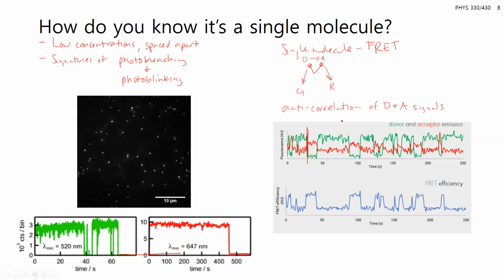So since the signals in the green and red channels should depend on one another, you know you're detecting a single molecule when you see this anti-correlation, and then they take the ratio of these, the intensity of the acceptor over the intensity of the donor plus the acceptor, which is what this plot is showing down here. But anti-correlation is a signature of single molecule FRET. Photoblinking and photobleaching are the signatures if you just have a single dye. You'll also see that show up in single molecule FRET as well.